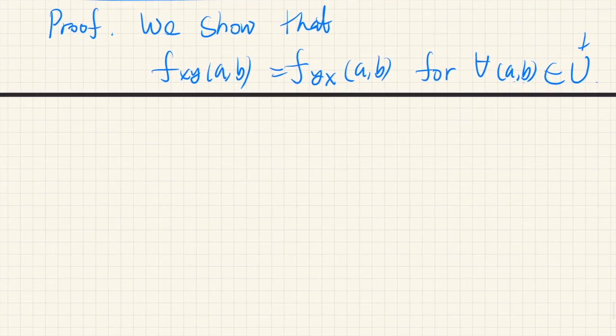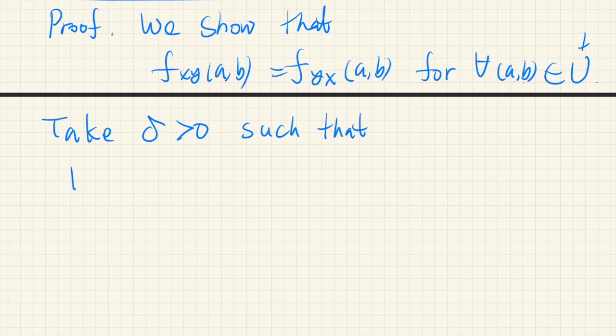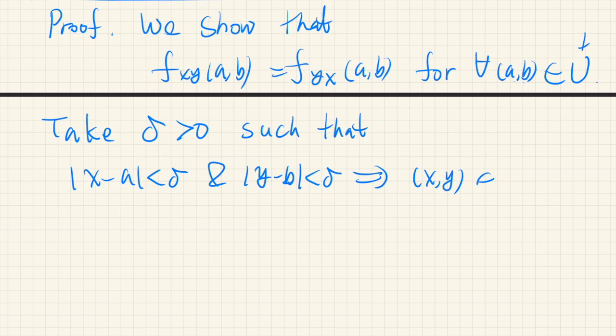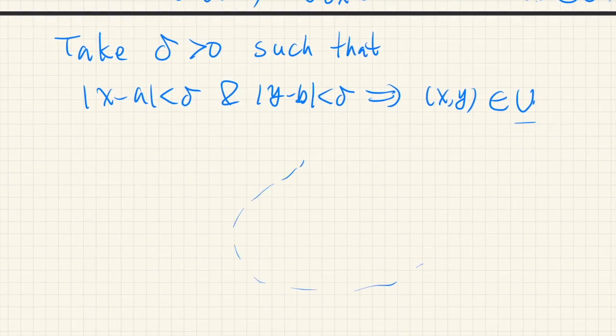Then first we take a sufficiently small delta. Take delta that is positive such that |x minus a| less than delta and |y minus b| less than delta implies (x, y) is in U. Okay, so this is always possible because U is an open region. Suppose U is something like this and (a, b) is somewhere here.